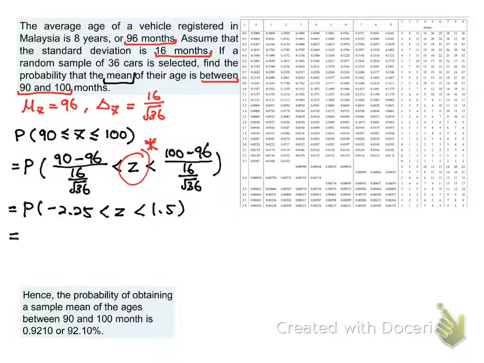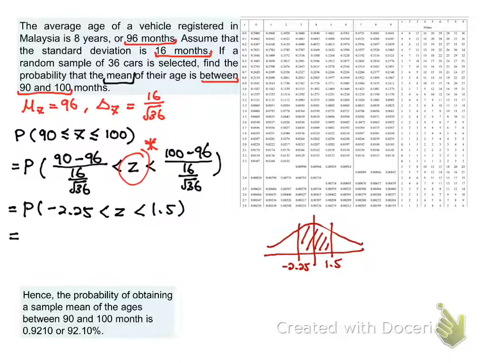Now, for this case, just now I didn't draw the normal diagram, right? We can just draw it now. So negative 2.25 is on the left-hand side, and 1.5 will be on the right-hand side. The shaded region is in between, right? So what is the formula we have to use?